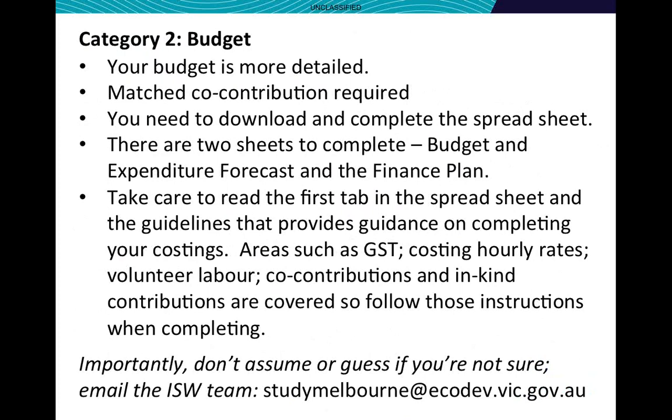And as we've reinforced there, importantly, please don't assume or guess. If you're not sure, email the team, and we've given you the email address there. Email the team and ask them about that. The other important point on budgets is not to overestimate the amount.